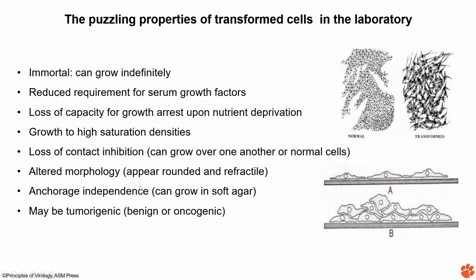Altered morphology, anchorage independence: some of them can just float and still survive. And they can be tumorigenic, benign or oncogenic. That is the difference between transformation and oncogenesis. Just the growth of a transformed cell does not mean that the cell is cancer, like in vivo in a body. What I mean by that, I will show in the next slide.